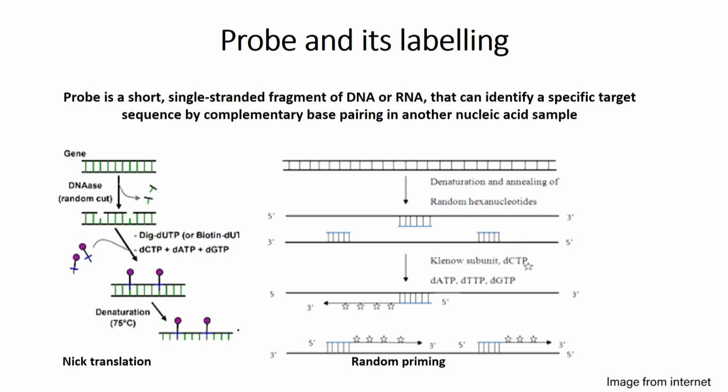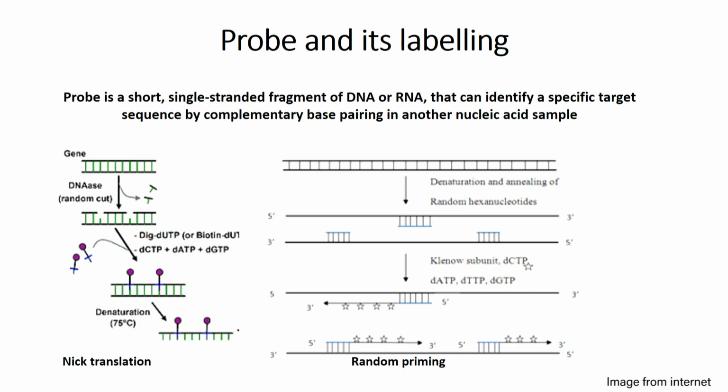Now if suppose we have a small part of a gene that we call as a probe and which we want to use to search the gene of our interest, then the technique used will be hybridizing this probe to the main DNA and identifying the region. So what is a probe?